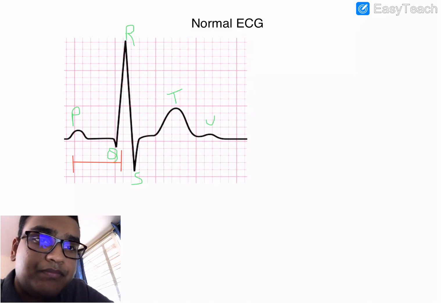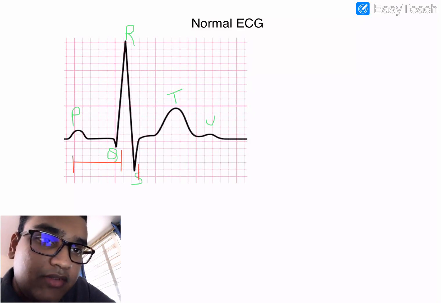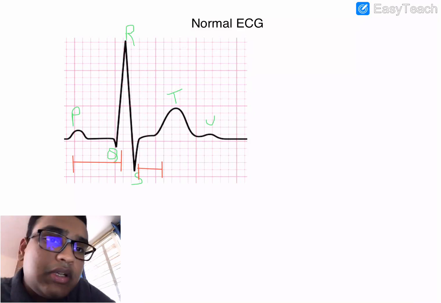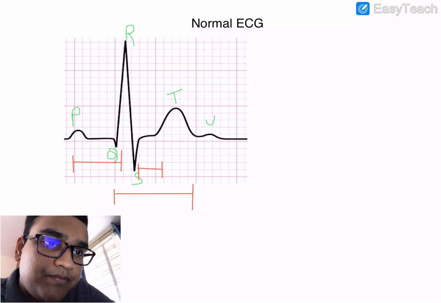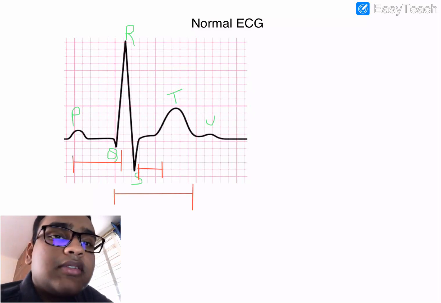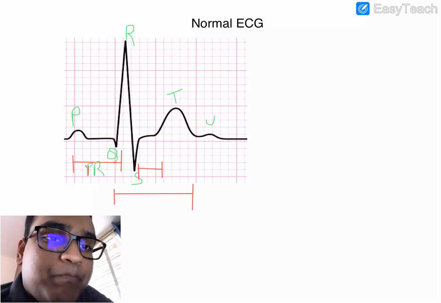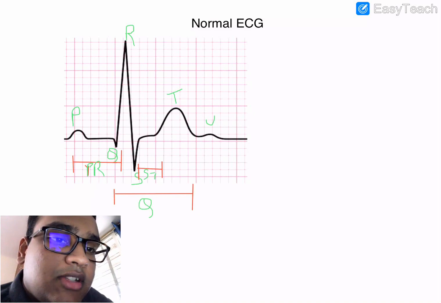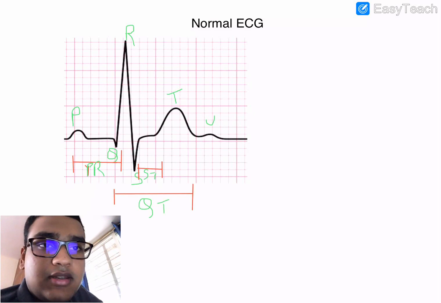Next, coming to the ST segment: the ST segment would be from the end of S to the beginning of T. Then what is the QT interval? Beginning from the start of Q to the end of T. So this would be PR, ST, QT. This becomes important because certain diseases have their own characteristic changes which can be seen in these segments.